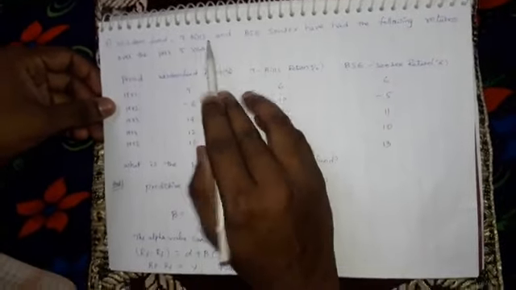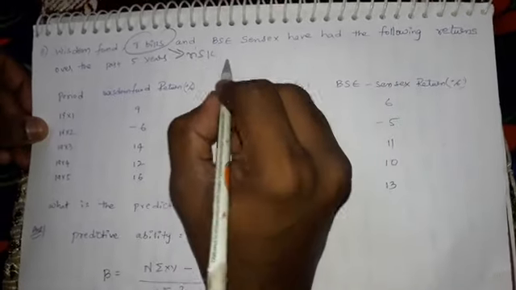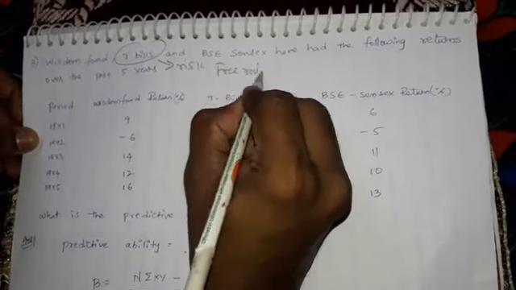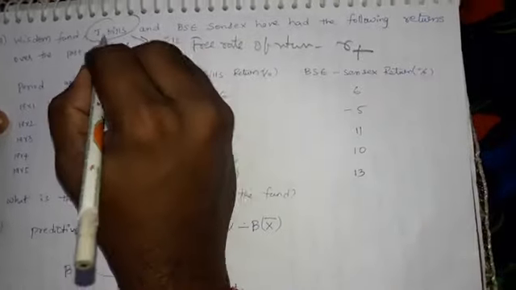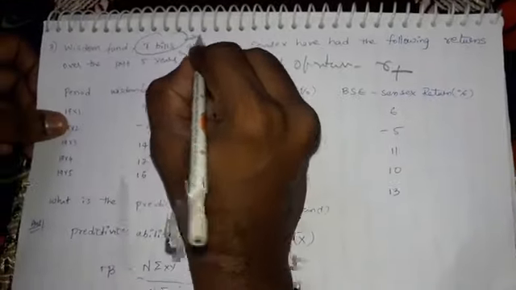Next, now coming to the last problem, students, in this unit. Wisdom fund, T-bills. T-bills are the risk-free rate of return, that is RF. Treasury bill or T-bill is denoted as RF.